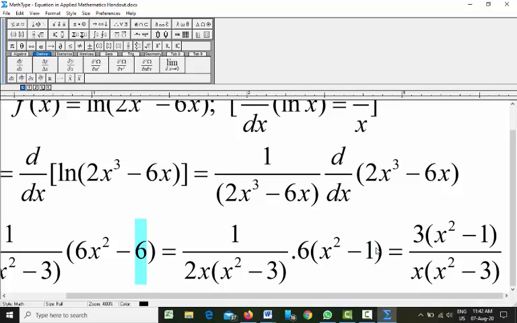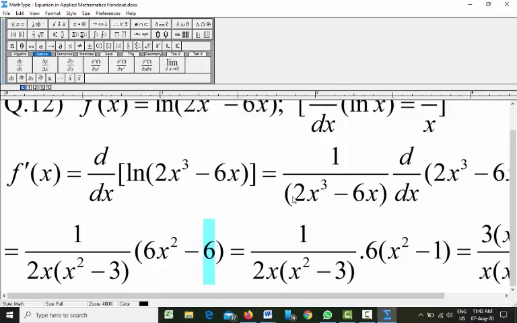And then we can take 2x common from the denominator part. If you take 2 common, 2 will not be there. If you take x common, we will have x square from here. And if you take 2 common from here, we will have 3, and we have already taken x common, so we will have only 3. So x square minus 3.